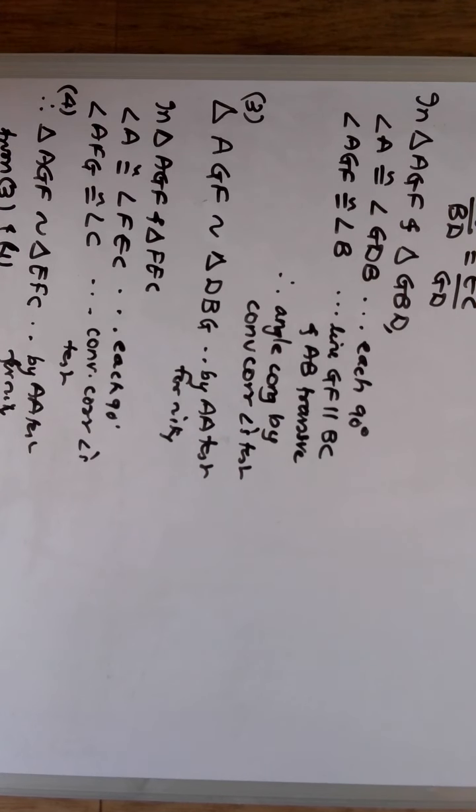Remember, I have changed the part to be proved according to my convenience, and I just have to show FE is to BD, that is FE, first second is to first second, is EC, first third is to first third, that is DG.